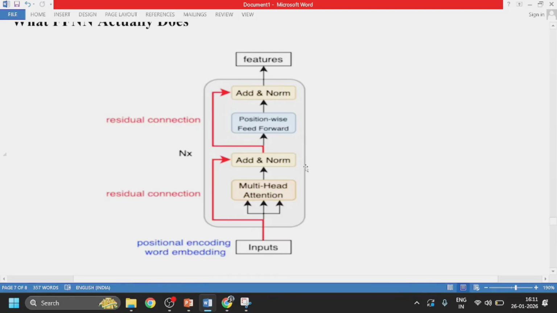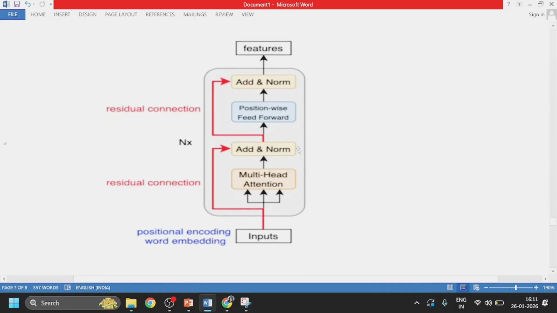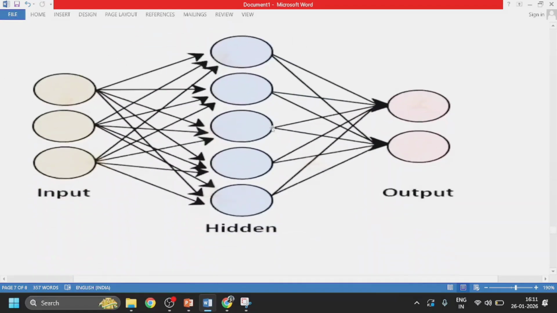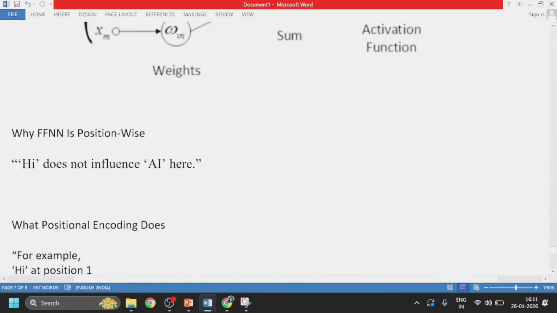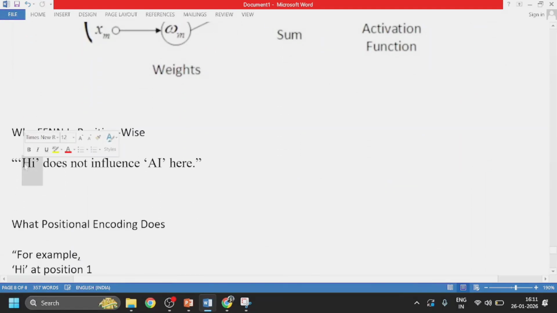The feed forward neural network is position-wise, so each word is processed separately here. For example, I have this word "hi", and this "hi" does not influence the "AI" here. This makes computation efficient and easy to parallelize.